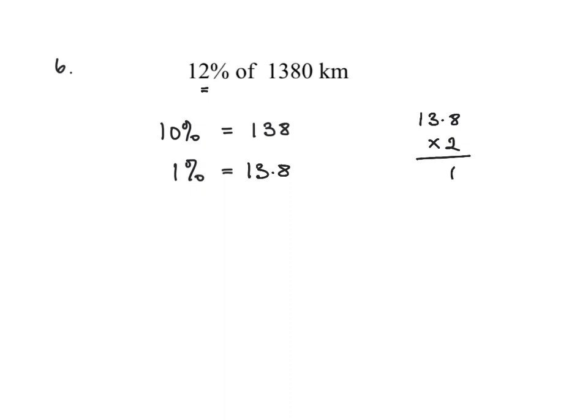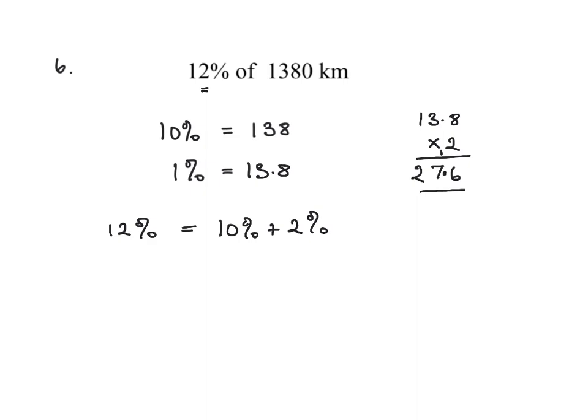2 8s are 16, put down 6, carry 1. 2 3s are 6 and 1 is 7, and 2 1s are 2. Now we have one number after the decimal point, so we'll put a decimal in this position here. So 12% is found by adding 10% and 2%.